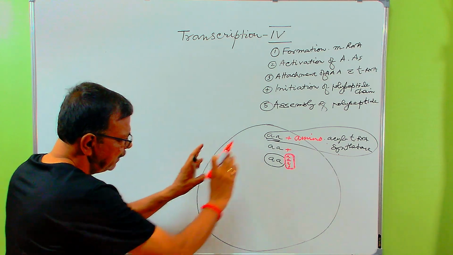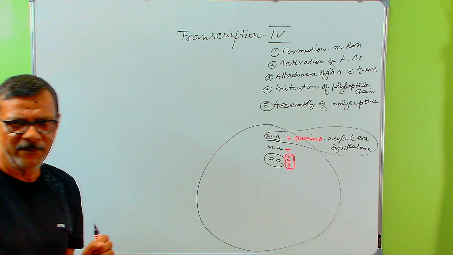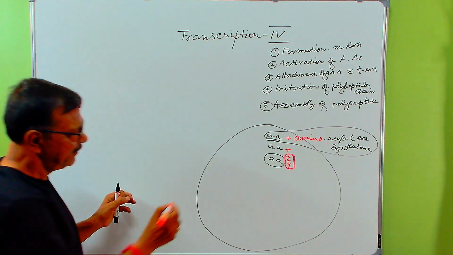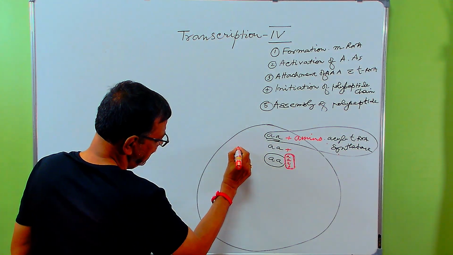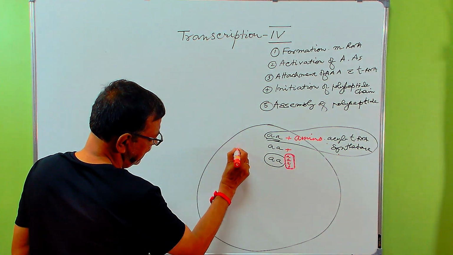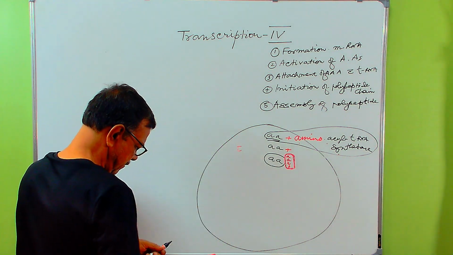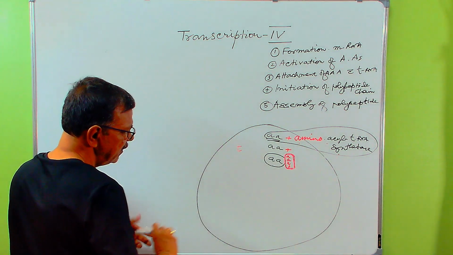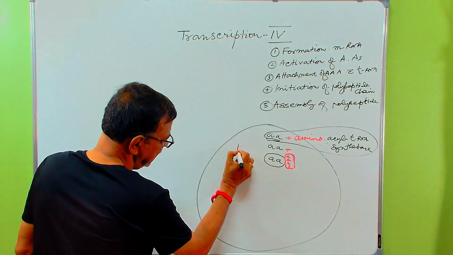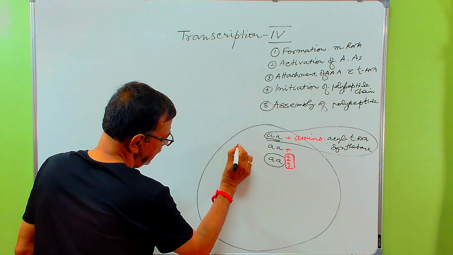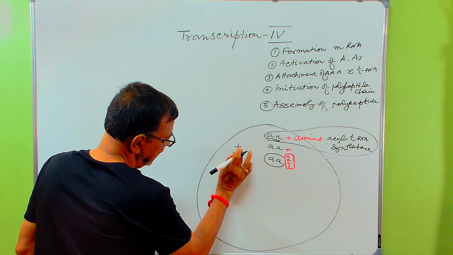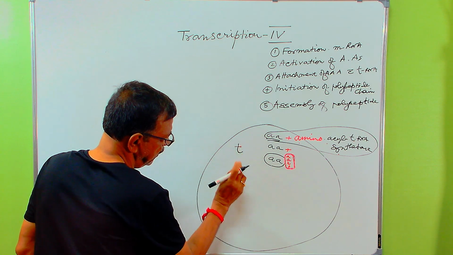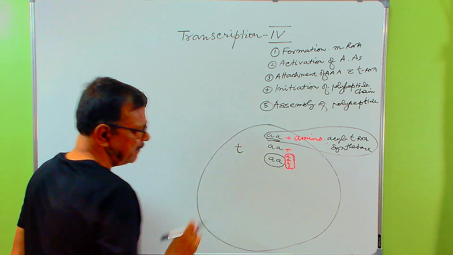Here in the cytoplasm there are tRNA. So suppose this is tRNA. This tRNA can hold only one amino acid.